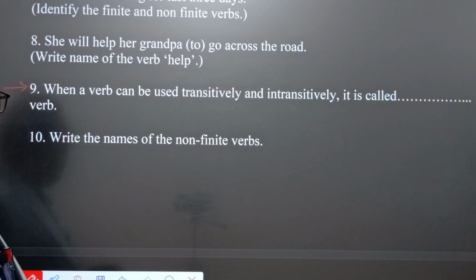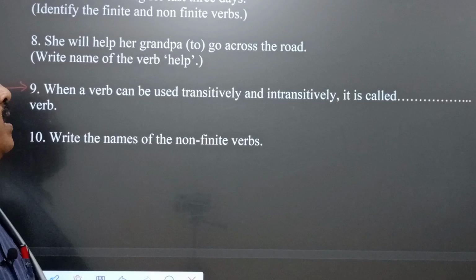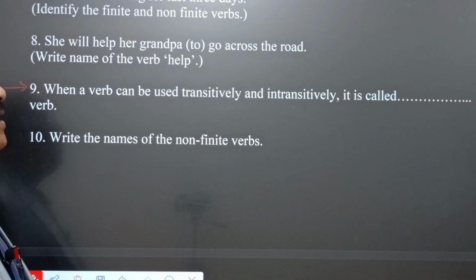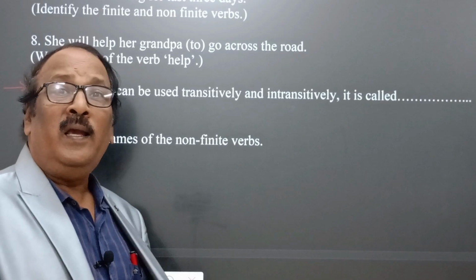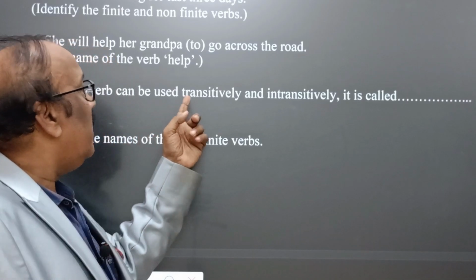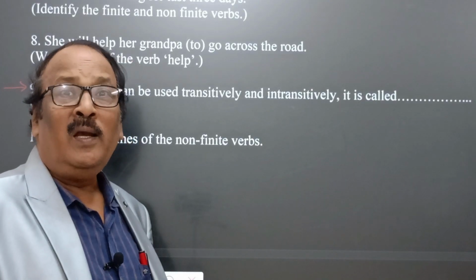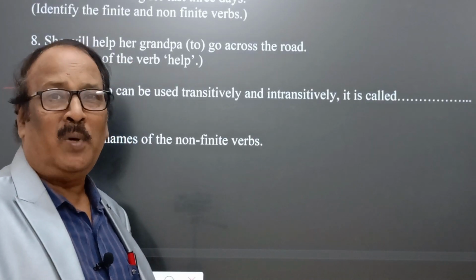Question number 9. When a verb can be used transitively and intransitively, it is called a blank verb. A verb which can be used transitively and side by side intransitively is called an ambitransitive verb.